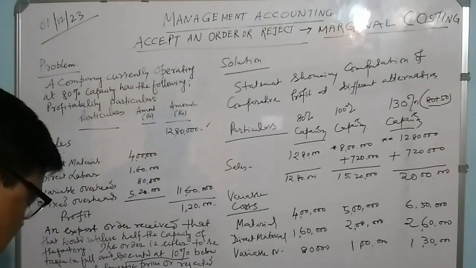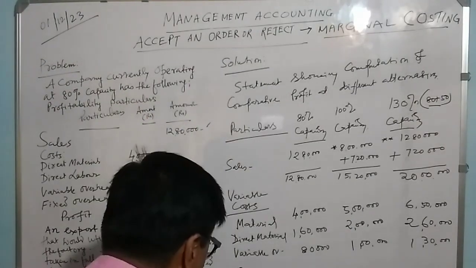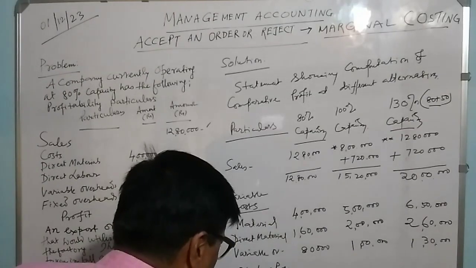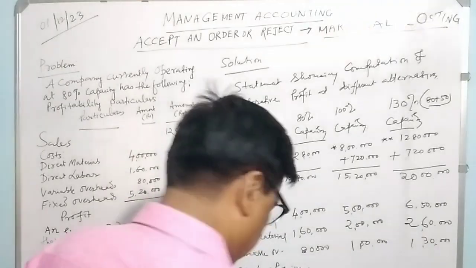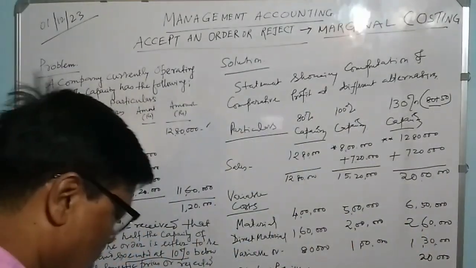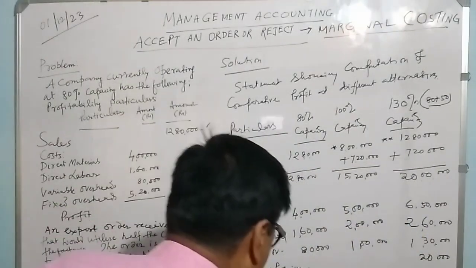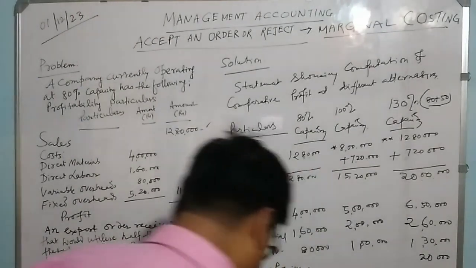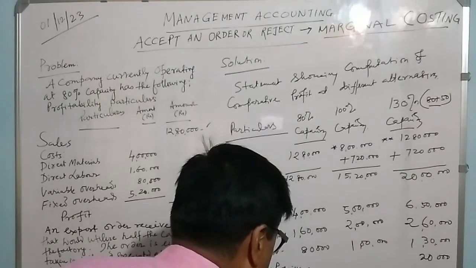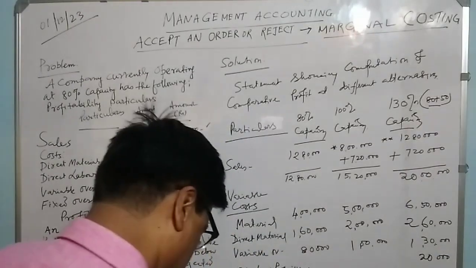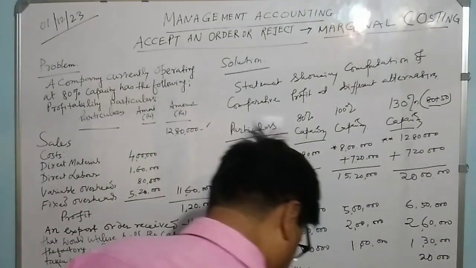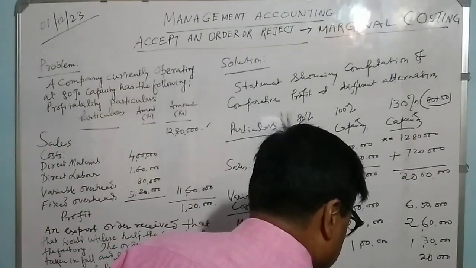That means your overtime premium will be 20,000. So in such cases your total cost will be 6,40,000, 8 lakhs, and 10,60,000.